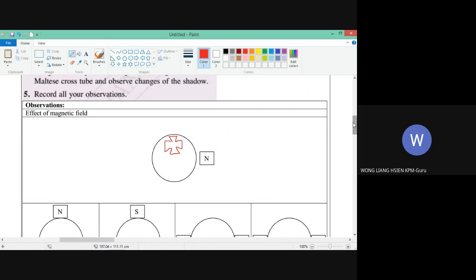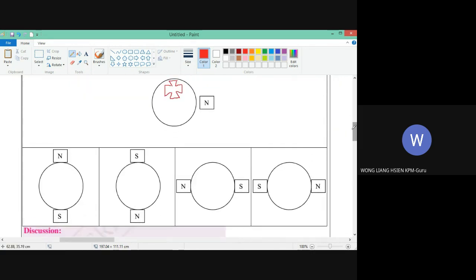So you can also use Fleming's left-hand rule to find out what happens to the magnet. You put it like this: north here, south here, south here, north here. What will happen? Let's say this one, north at the top, south at the bottom. So the magnetic field goes downward, the current goes inwards, so the catapult force will be to the left.